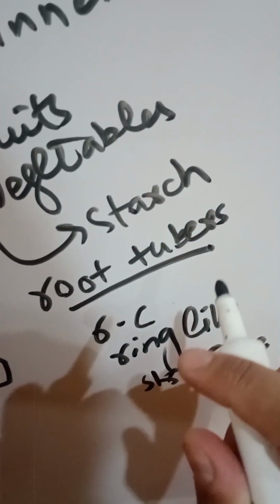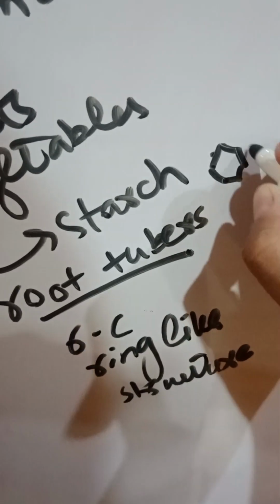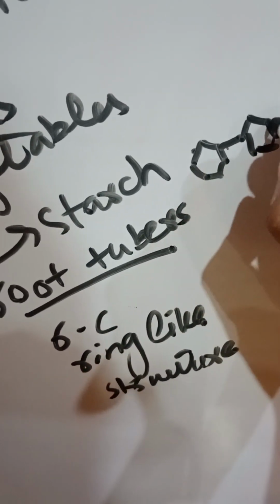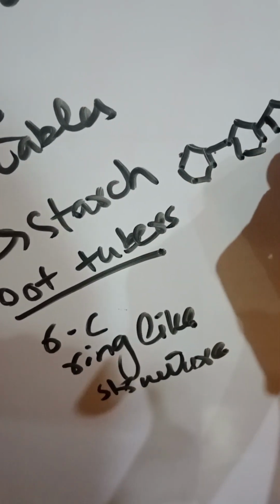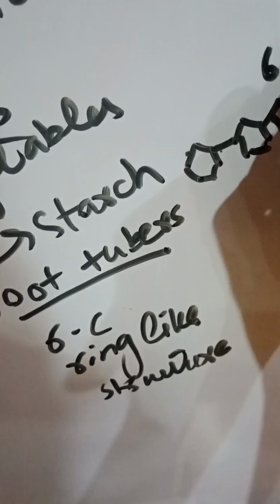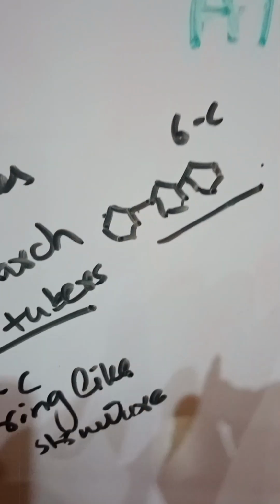In starch, glucose makes a chain like that. It is hexose, it must have six carbons, and so on. This chain can be of 100 or 200 and so on.